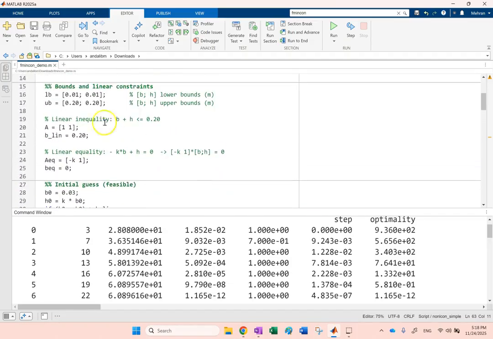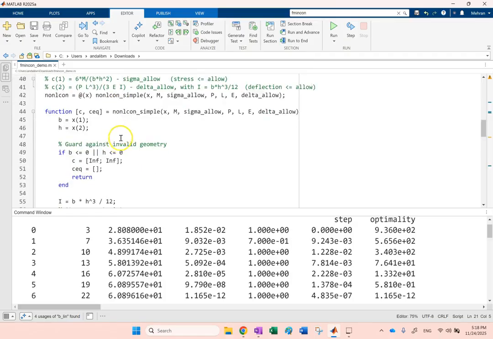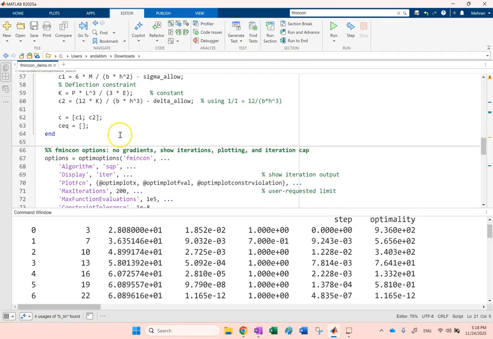Let's say you don't have a linear equality, right? If there is no linear equality, then make sure this Aeq and Beq are empty brackets. Or if there is no lower bound and upper bound, again, empty bracket. If there is no linear inequality, make A and B linear to be basically empty bracket. So whatever you don't have, leave it as empty bracket.